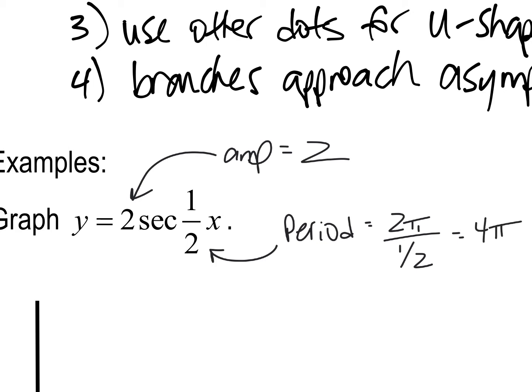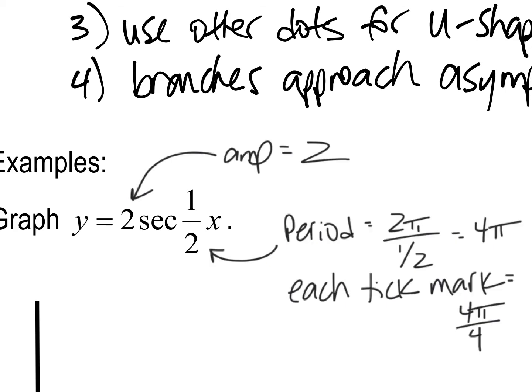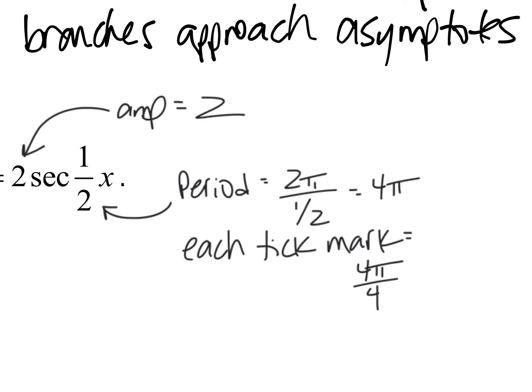That means that the length of distance it's going to take for me to get my 5 dots in is going to be 4 pi from start to finish. That means each tick mark, when I do my scale on my x-axis, is always the period divided by 4, since there are 4 gaps in between my 5 dots, is just going to be worth pi.